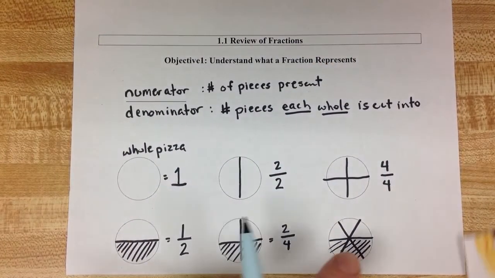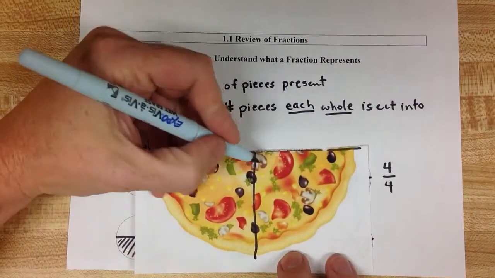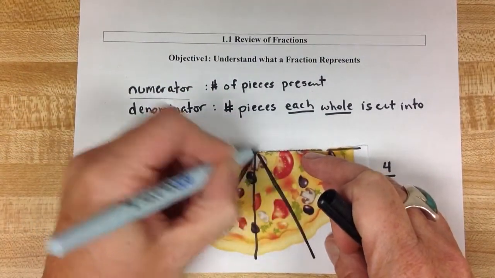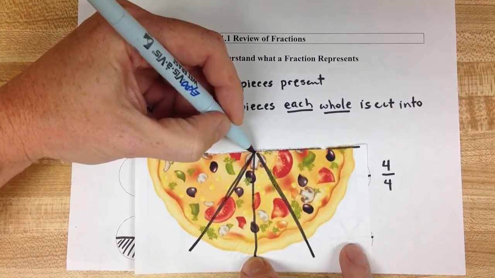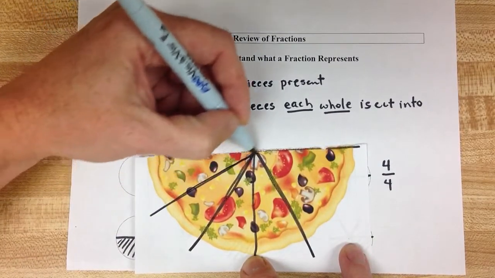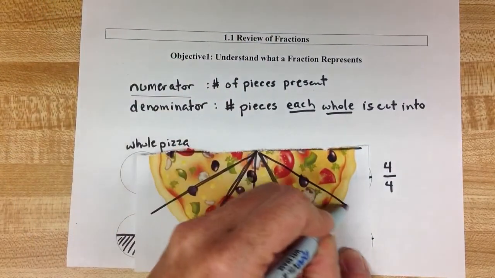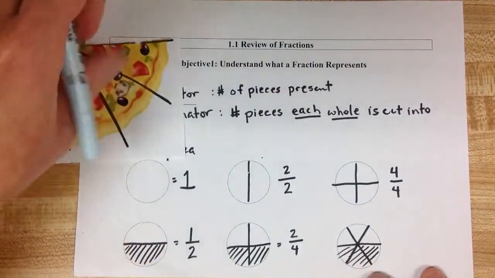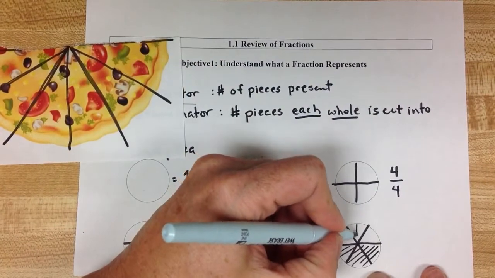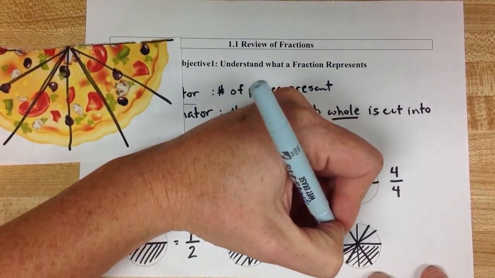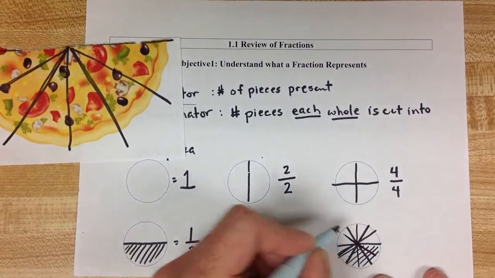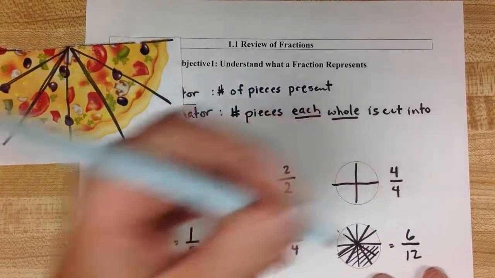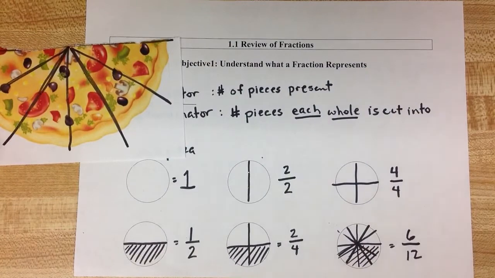If I still had only the half of it left, here's my pizza. I'm cutting it into 6, or even the remaining half into 6 pieces. I have 6 pieces left out of a 12-slice pizza.